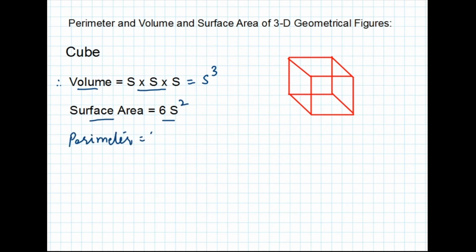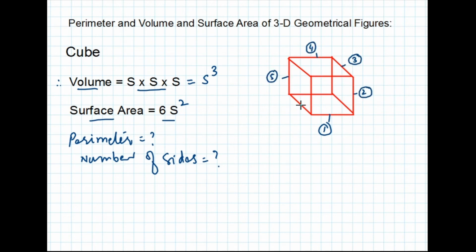What about perimeter? How many sides does this cube have? If we start counting the number of sides of cube, that is 1, 2, 3, 4, 5, 6, this is 7 and it is 8, it is 9 and here is 10, after that it is 11 and the last one is 12.